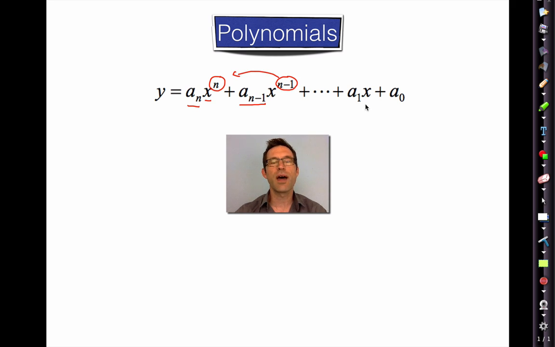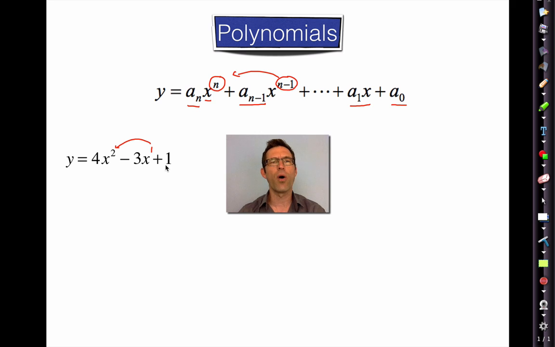And we're going to keep doing that all the way down until we have an x to the first and then a constant term. So for instance, your classic parabola, y equals 4x squared minus 3x to the first plus 1, is a polynomial.